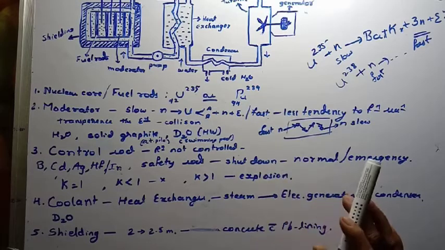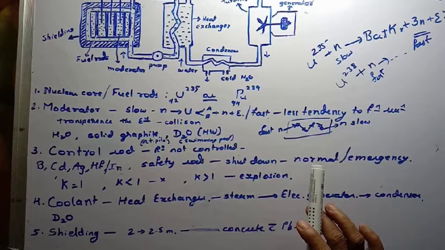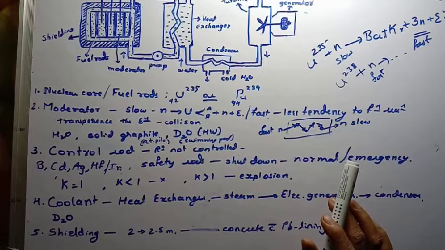They are emitted during the fission reactions, such as alpha, beta, positrons, gamma radiations, etc. Those radiations are harmful to human beings and to the environment.